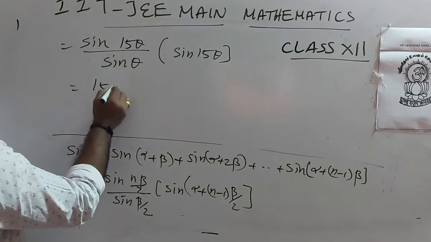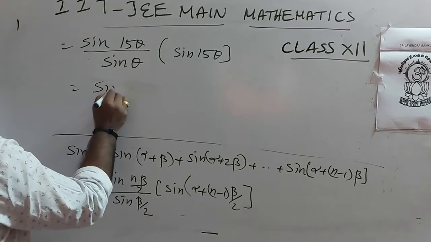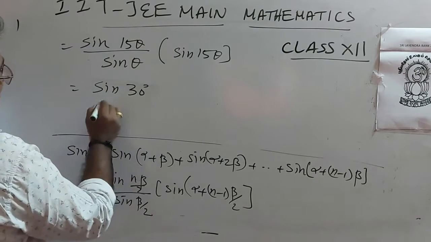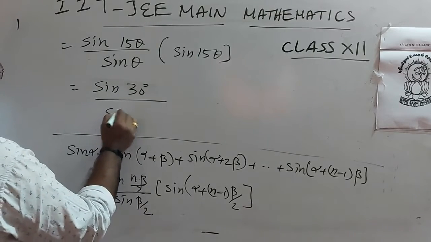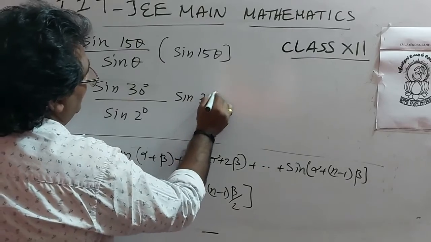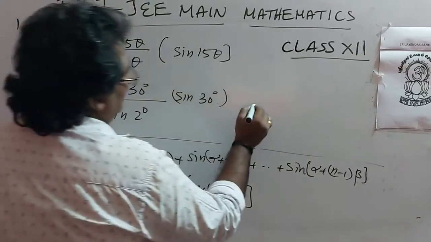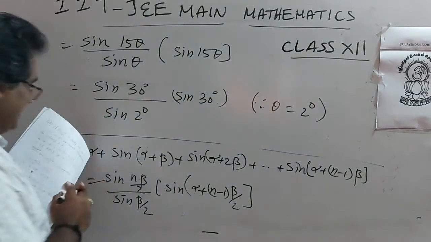Sin 30 degree by sin 2 degree into sin 13 degree, since theta takes the value 2 degree in this case, that is given.